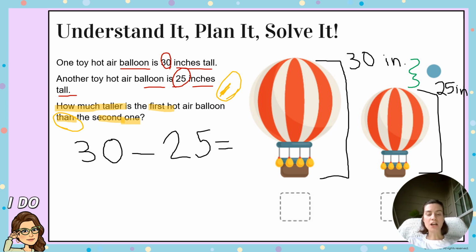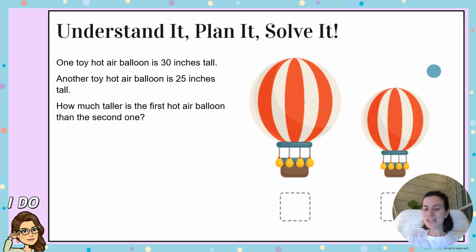I'm trying to find the difference between these 2 numbers. I can use any strategy that I want to help me solve this. I could use a 10 frame, I could use place value, I could use a number sentence, I could draw 30 circles and subtract 25 from them. If I want to go that basic, I absolutely can.